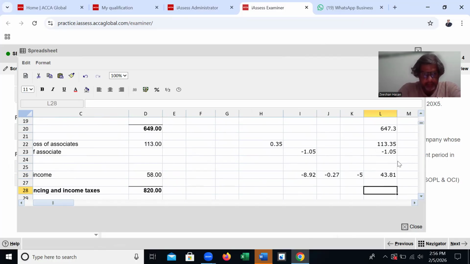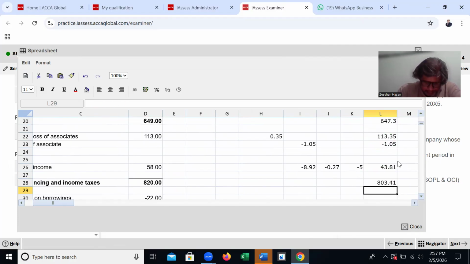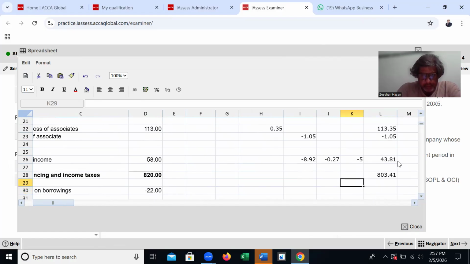Now we will get profit before tax, 647 plus and plus. We'll get 803.41. Bingo.